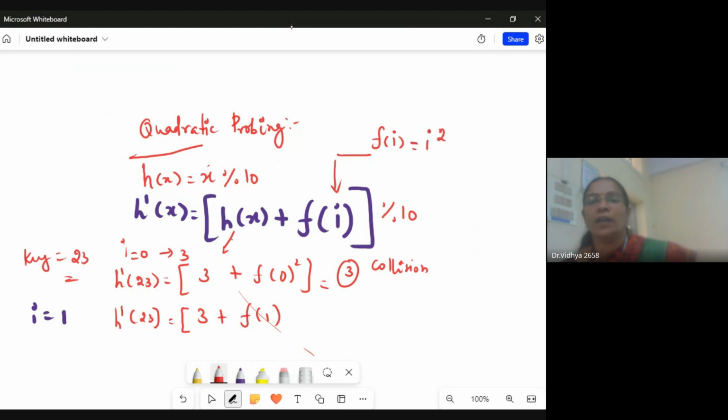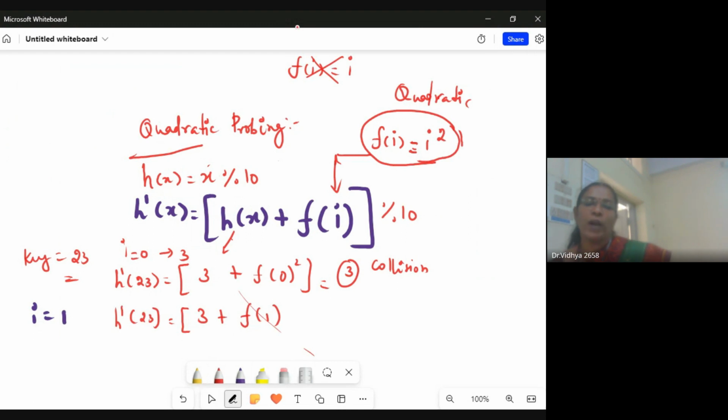This is the correct way of representing the function f of i. Please correct it if you are making notes. In the previous method, linear probing, f of i equals simply i. But here in quadratic probing, f of i would be i square.